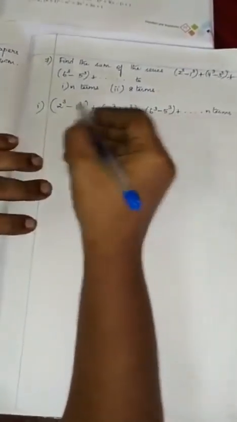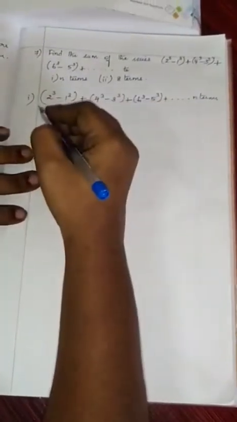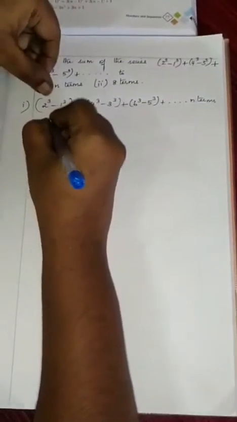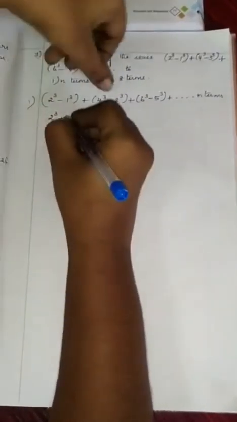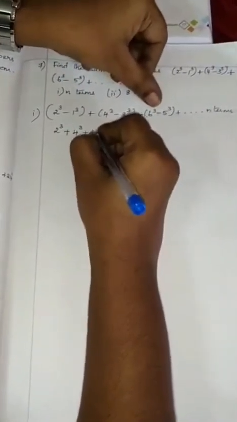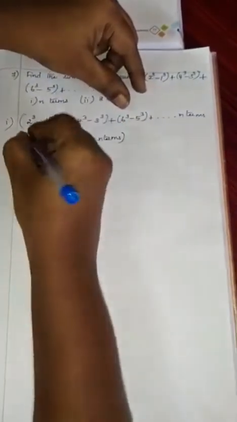So now what I am going to do is I am going to take all the first terms together outside. So what you have in the first term here, it is 2 cube, plus here what you have 4 cube, plus here what you have 6 cube. It goes on still n terms. Okay.